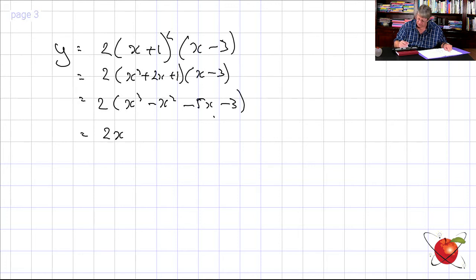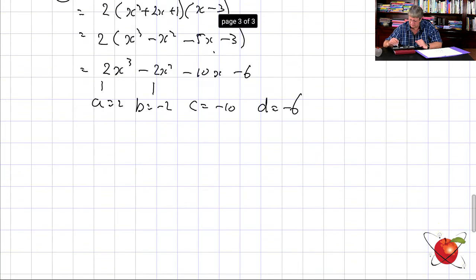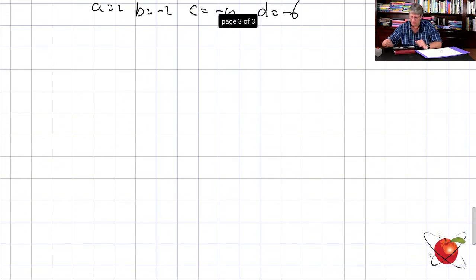Therefore, 2x cubed minus 2x squared minus 10x minus 6. And this is the equation. Therefore, a is equal to 2, b equals minus 2, c equals minus 10, and d equals minus 6. All I did is I rewrote it in terms of the original equation with the roots, and I used the other point to work out what A was.